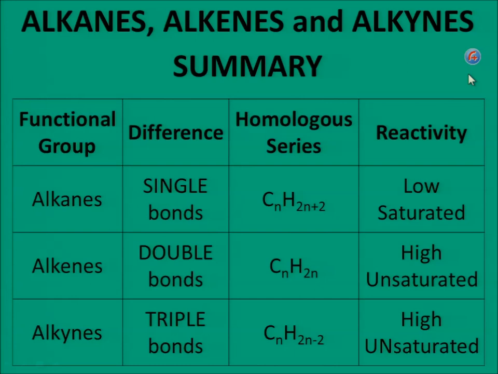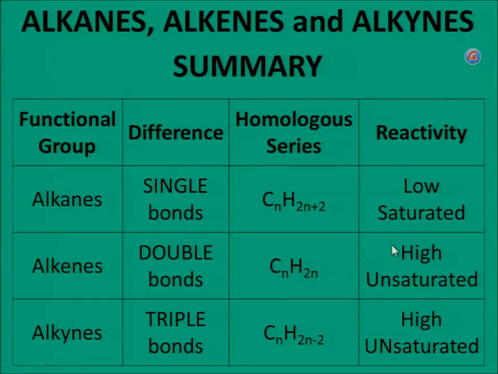A summary: alkanes, alkenes, and alkynes. Alkanes have only single bonds, with the general formula CnH2n+2. They have low reactivity because they are saturated, which means only single bonds. Alkenes have double bonds and the general formula CnH2n.